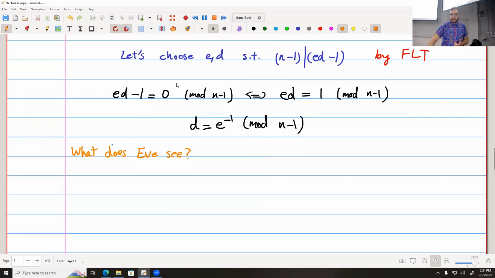And so she announces it. And of course, she has to also announce N, because everyone should know what the modulus is to do the calculations. So Eve actually sees E and N.